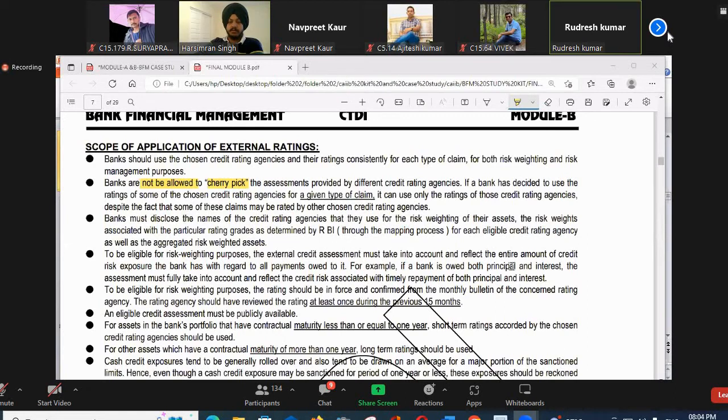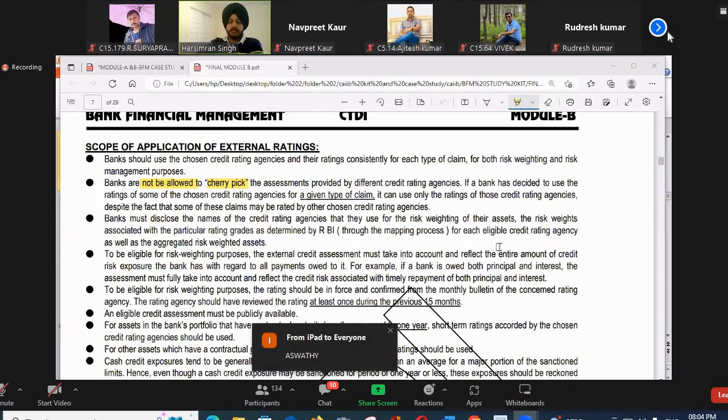Page number. Mr. iPad, talk to me. Rename yourself with the registration ID.